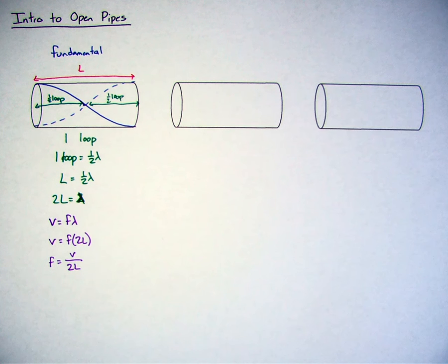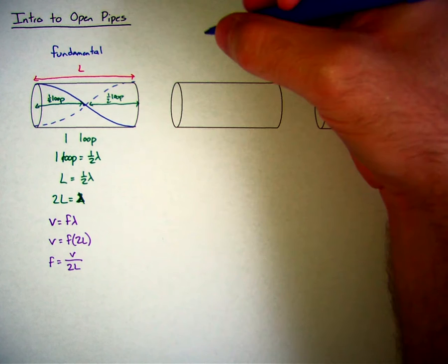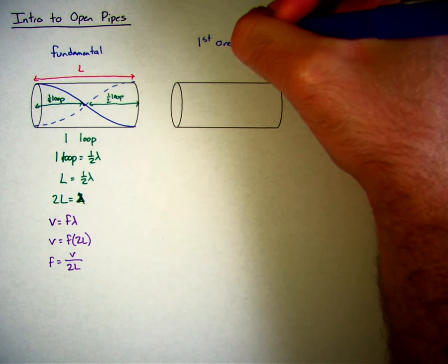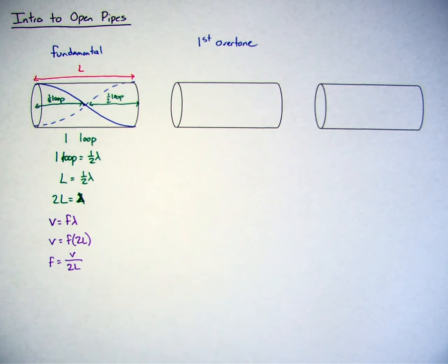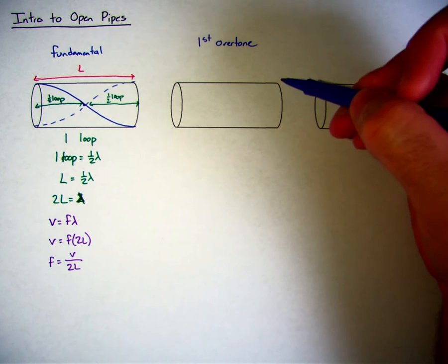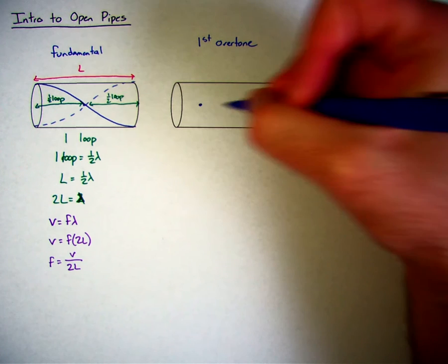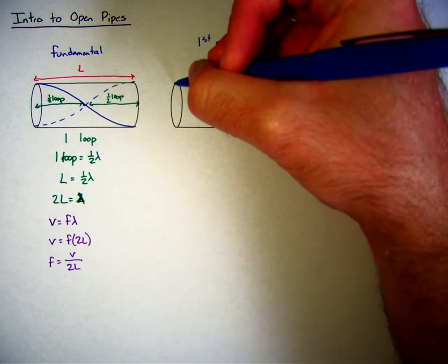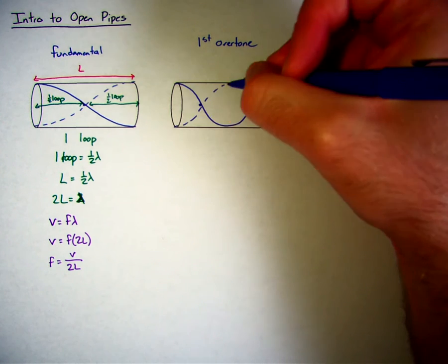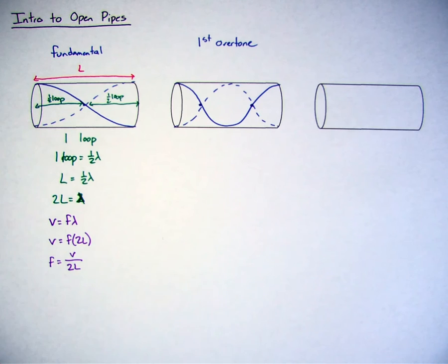In fact, if we look at the next possible that we're going to have, this is our first overtone. So our next possible frequency that we're going to have inside of our pipe, we still need to have an antinode at each end. The only way to actually get that to occur is to create a standing wave where you actually have one full loop in the middle, then you have the 2 half loops on either side.